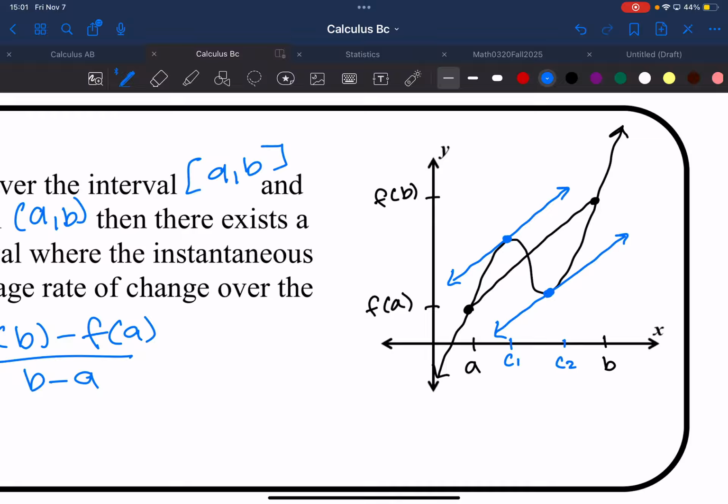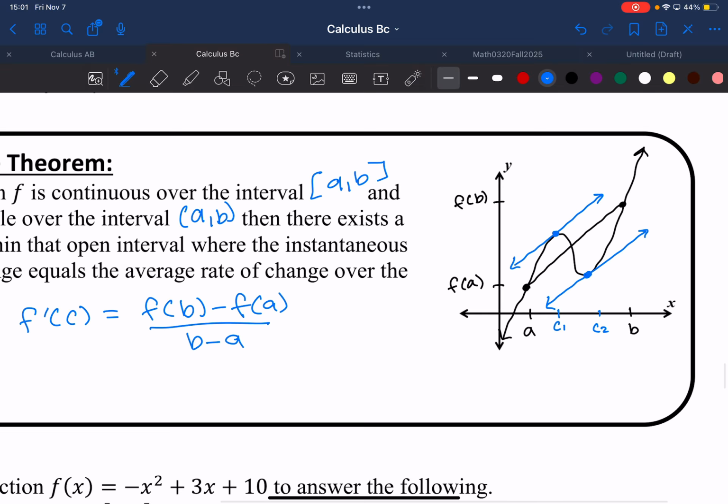If we can approximate the slopes at the points c1 and c2, we can find an estimate for the slope of our function. And again, that brings us to the equation f prime of c. We're talking about the derivative, which we know is the slope.